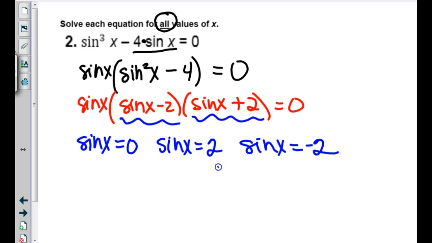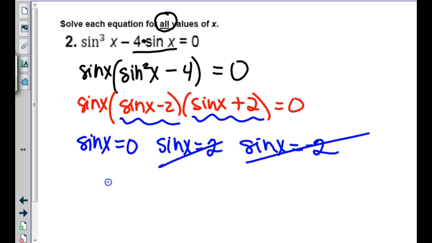Where is the sine 2? Never. What is the set of values we have for the sine? Picture the graph. The sine graph can only go from what? Negative 1 to 1. We get to throw this away.